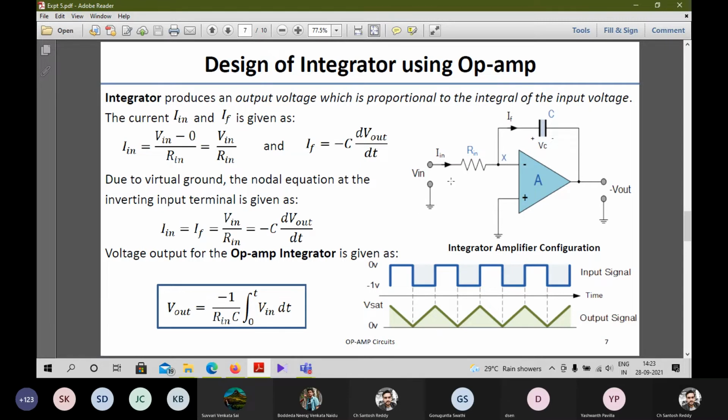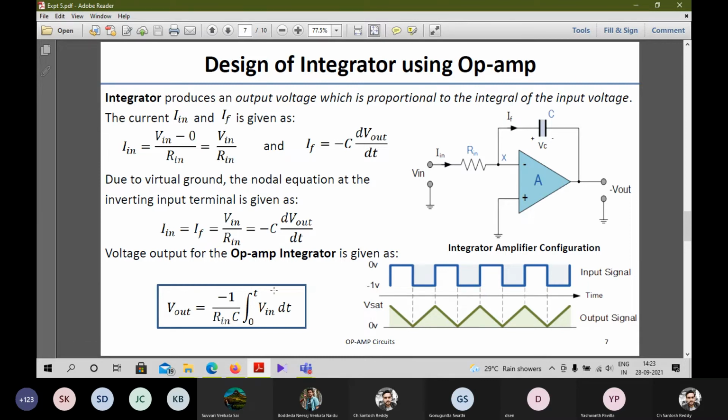This minus is due to the inverting configuration, because Vin is connected to the inverting terminal. So minus 1 by RinC is our gain, which we are focusing on.